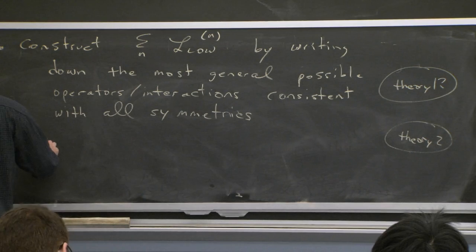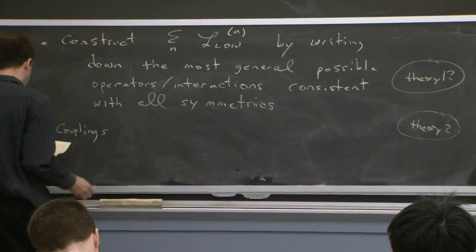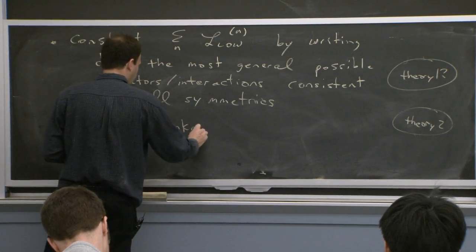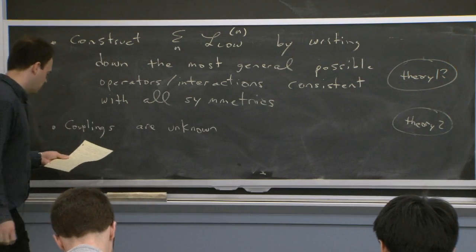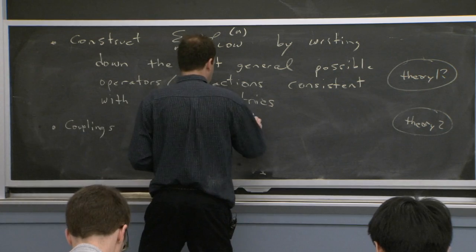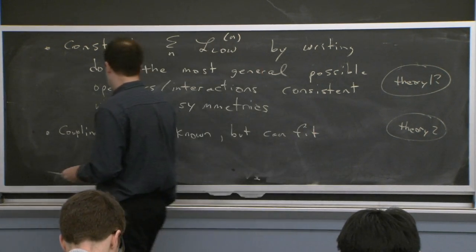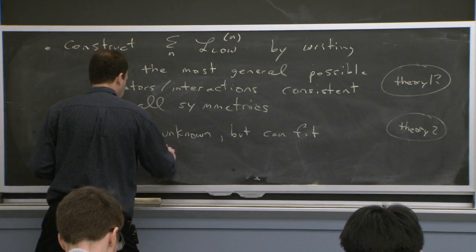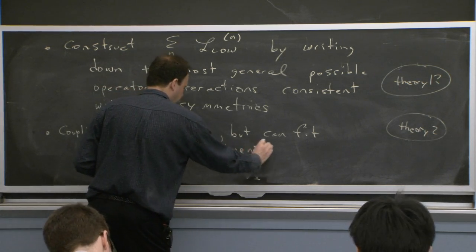If you do this, then unlike the other case, the couplings that you have when you write down these operators, they all are multiplied by some couplings if they're higher dimension operators, and they're not constrained by gauge symmetry. Then all of those couplings are unknown. But you can fit them to experiment. So the effective theory may still be powerful because you can make more predictions than the number of parameters that you have.